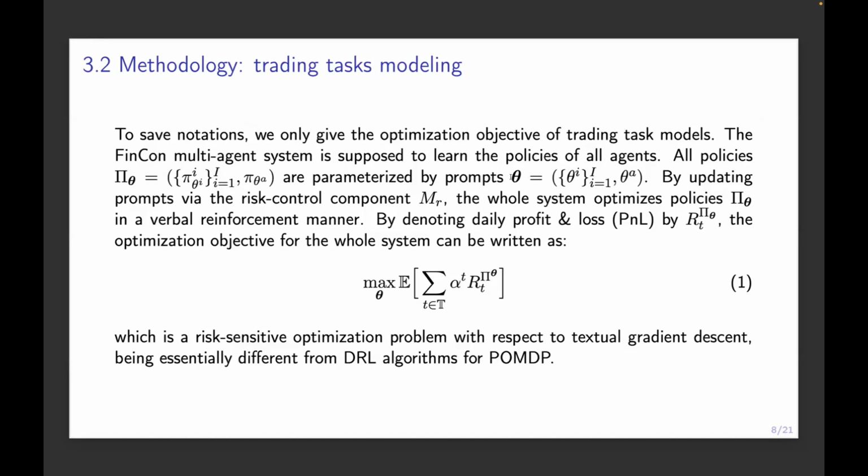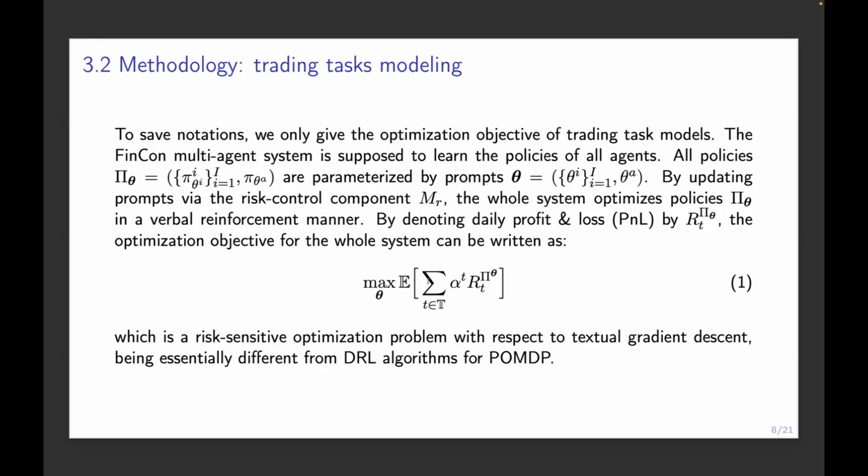Those prompts are textual data, so we parameterize the policies using textual data. By updating those prompts via the risk control component, the whole system optimizes the policy pi theta in a verbal reinforcement manner. By denoting the daily profit and loss P&L by R_t, the optimization objective for the whole system can be written like this.